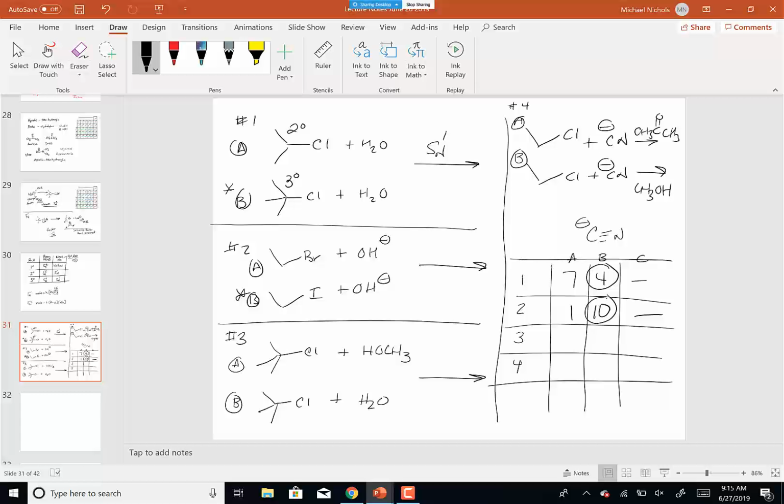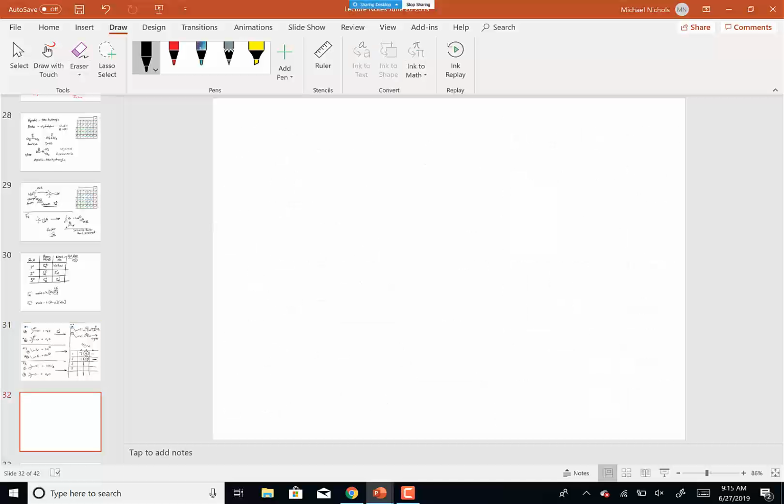Yes? I think I'm being tripped up on some of the secondary. I got the answer right, but I thought it was a primary carbon. Okay. Yeah, so what are the definitions of primary, secondary, and tertiary? So the first thing that we have to do is look at the carbon that has the halogen, that's attached to the halogen.